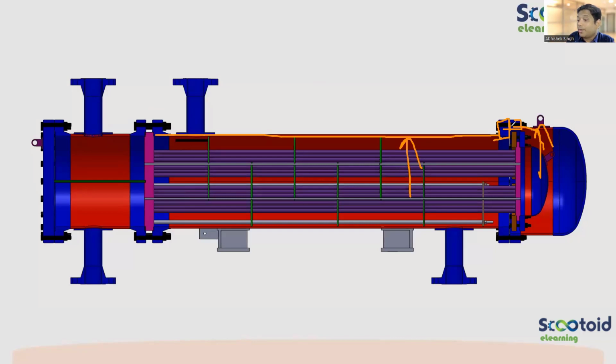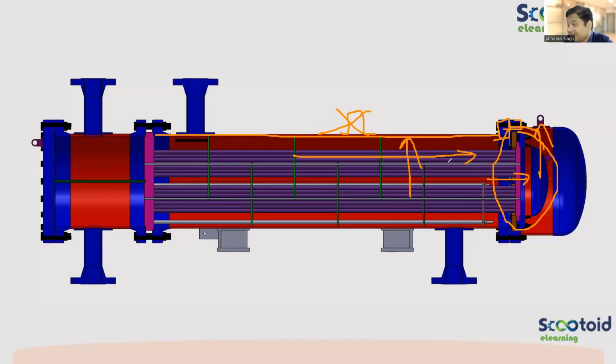Because it has to accommodate the floating head. Why is this called a floating head? Because it is not connected with the shell side. It is free to expand. So that is the reason you don't see a bellow in this. It's not required, because my tubes can expand freely.